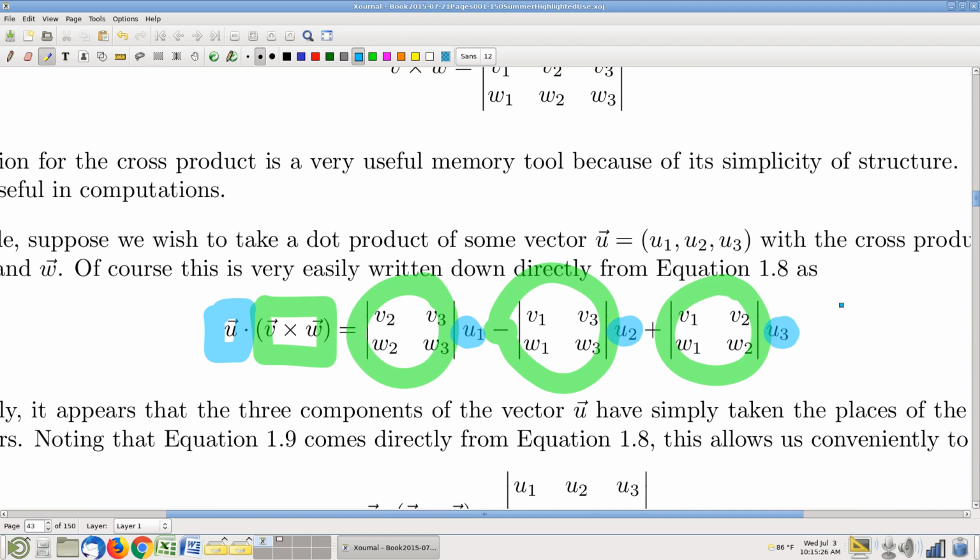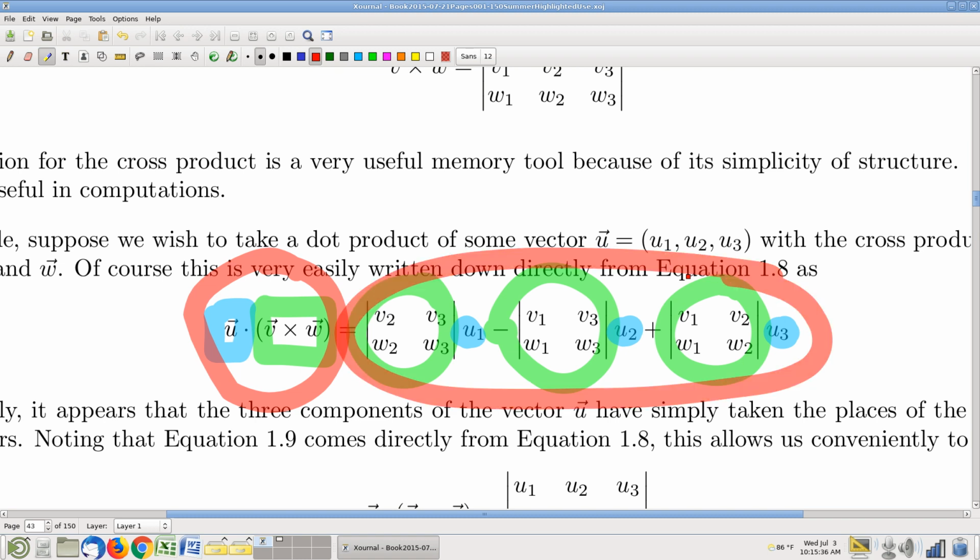So just another clever observation: as it turns out, this triple product structurally also looks just like a 3 by 3 determinant. It's got that same number times a determinant, number times a determinant, number times a determinant, with this mysterious minus sign on the second term.